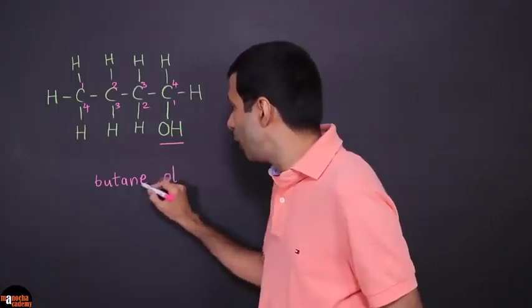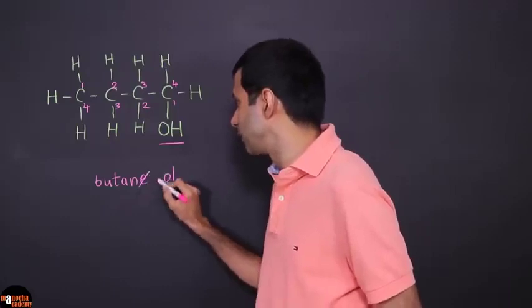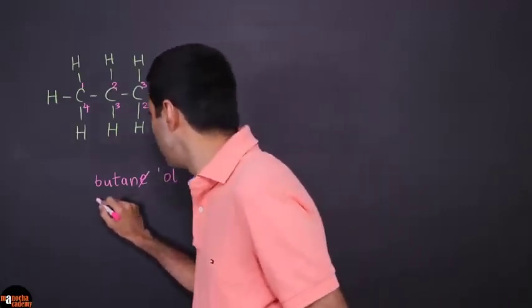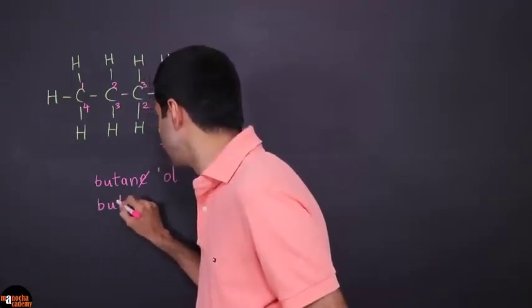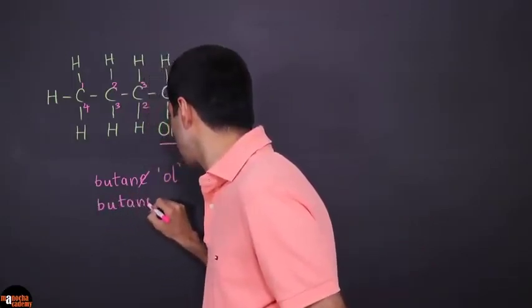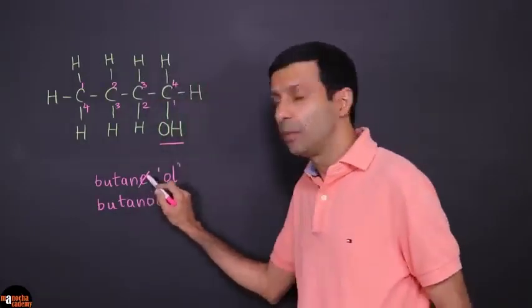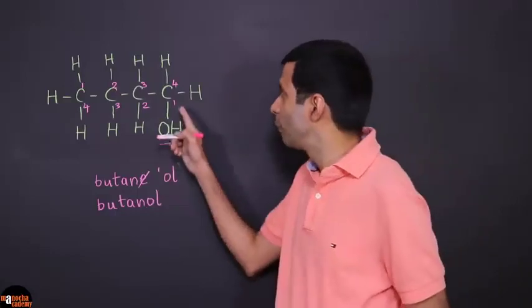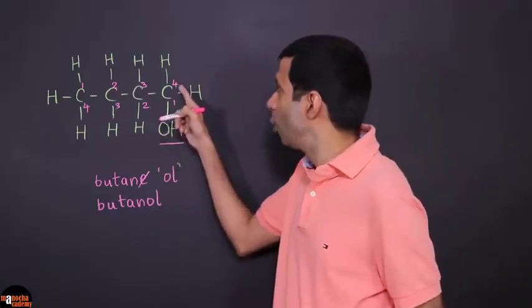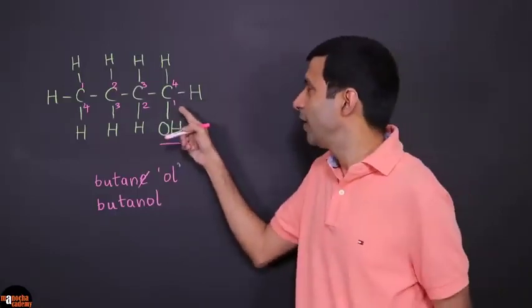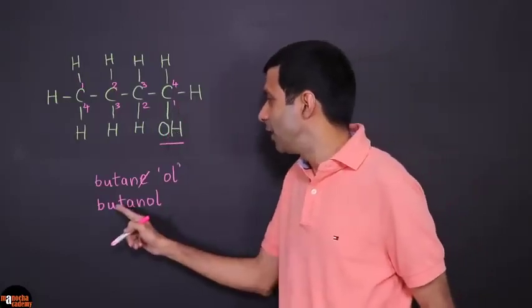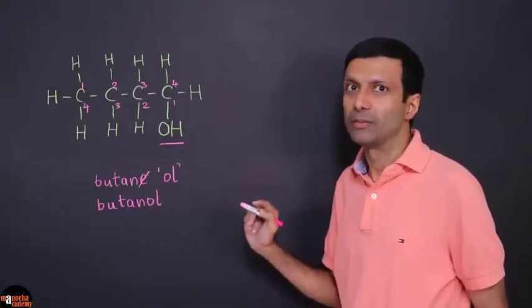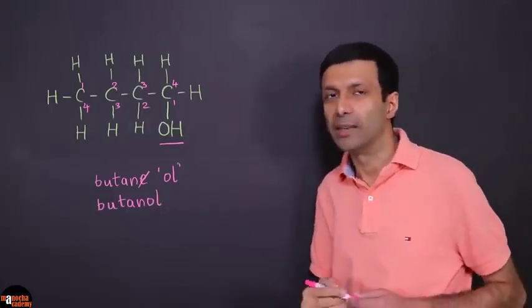Now when you add OL, you need to remove the E. So this OL gets added to the name, and the name basically becomes butanol. So remember, the E is removed and we attach the suffix OL. And what is the position of the OH? It's at position 4, but we'll choose the number 1 here because that's the smallest number. So it's basically butan-1-ol, or basically butanol, because we don't have to write the number 1.